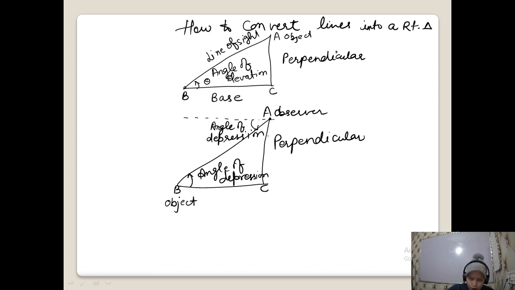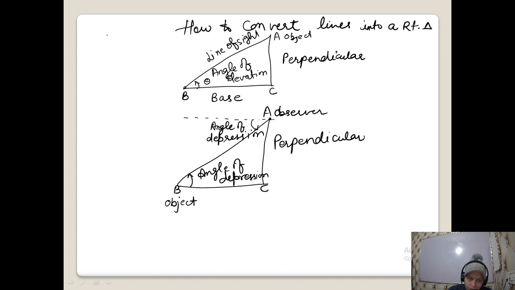Now the next point, which I have already discussed in a previous video, is trigonometric ratios.